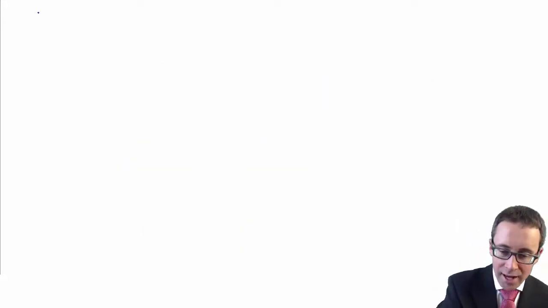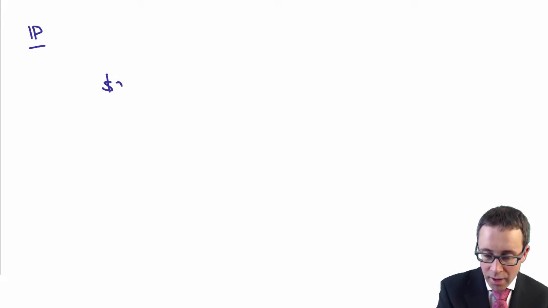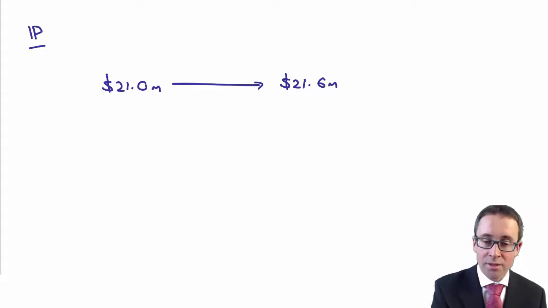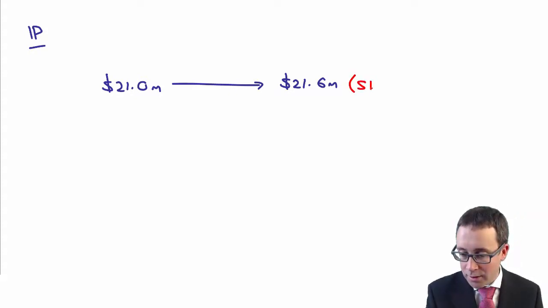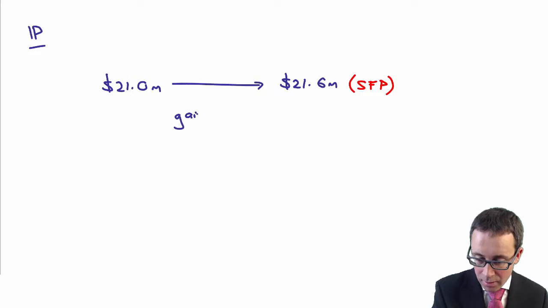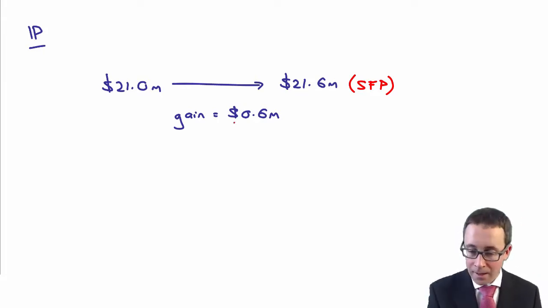What we then have is it now becomes investment property. So the rules of IAS 40 apply. So what we're going to do there is we're going to take it from 21 million up to 21.6 million, which is the fair value, isn't it? So the 21.6 million is shown on the statement of financial position. And then what you have there is that there is a gain of 0.6 million, isn't there?